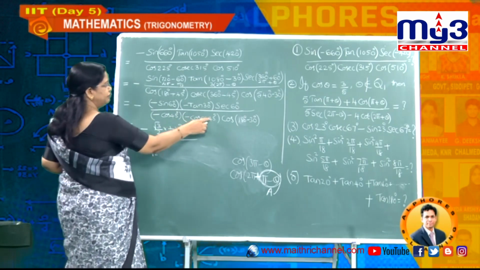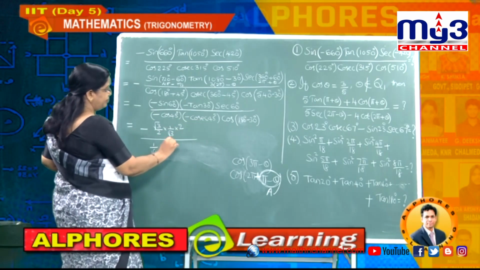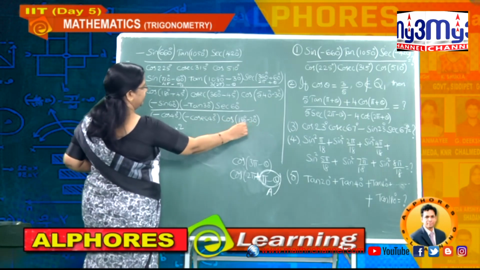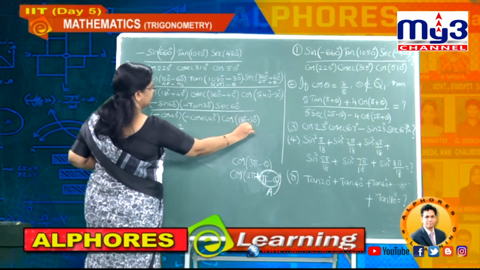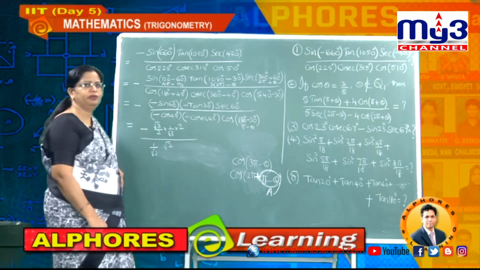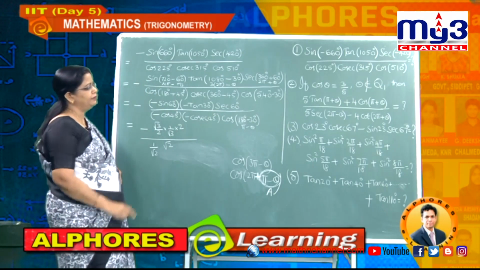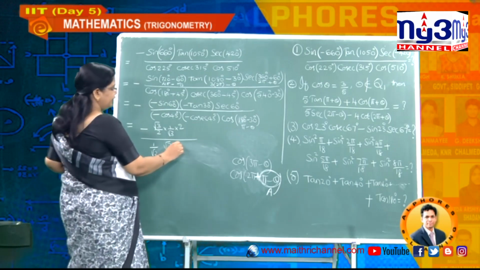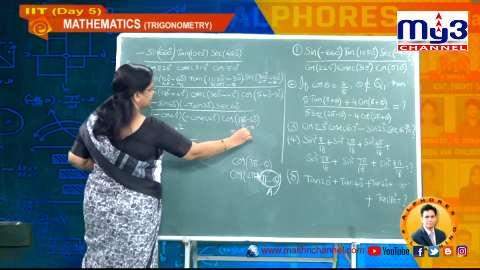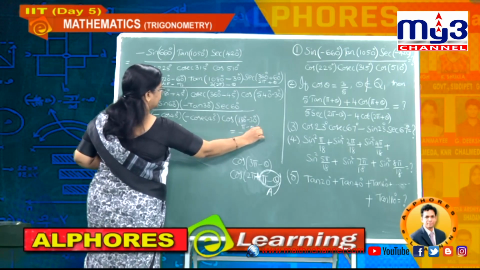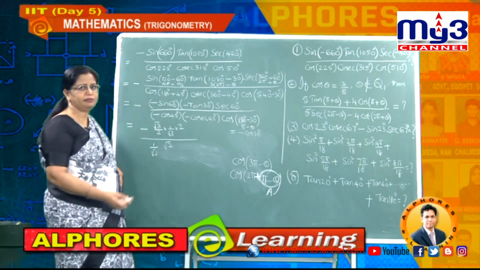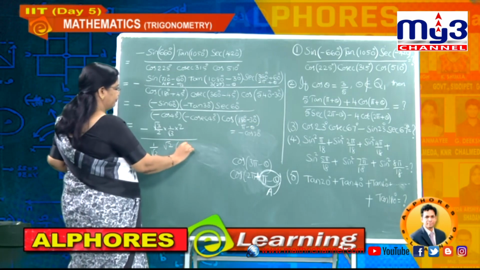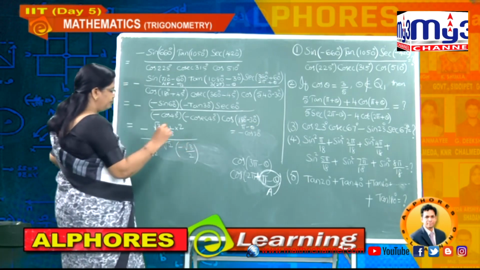Plus. Cosec 45 degrees is root 2, and next this value you will get 180 minus, this is pi minus theta type, which will come in the second quadrant, and in the second quadrant cos values are negative. So you will get here minus cos 30 degrees. And what is minus cos 30 degrees? Minus root 3 by 2.